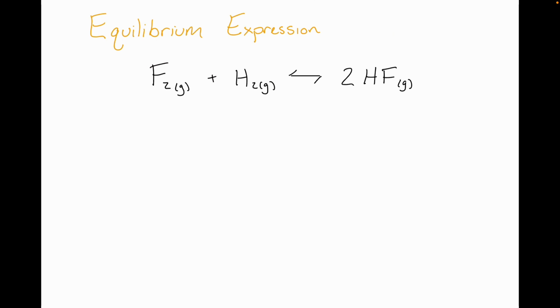All right, what we're going to be able to do is to construct this formula that defines the equilibrium of this reaction in terms of what's called K, an equilibrium constant.